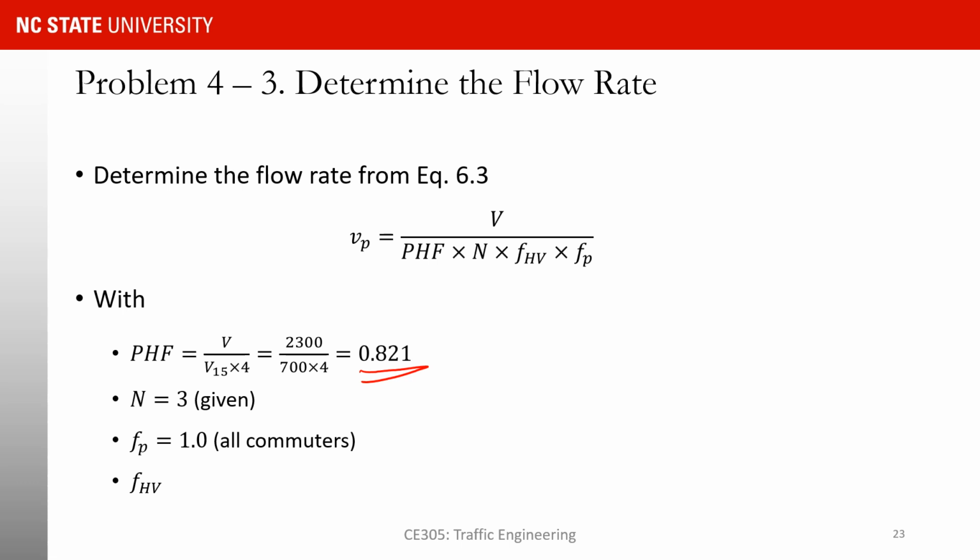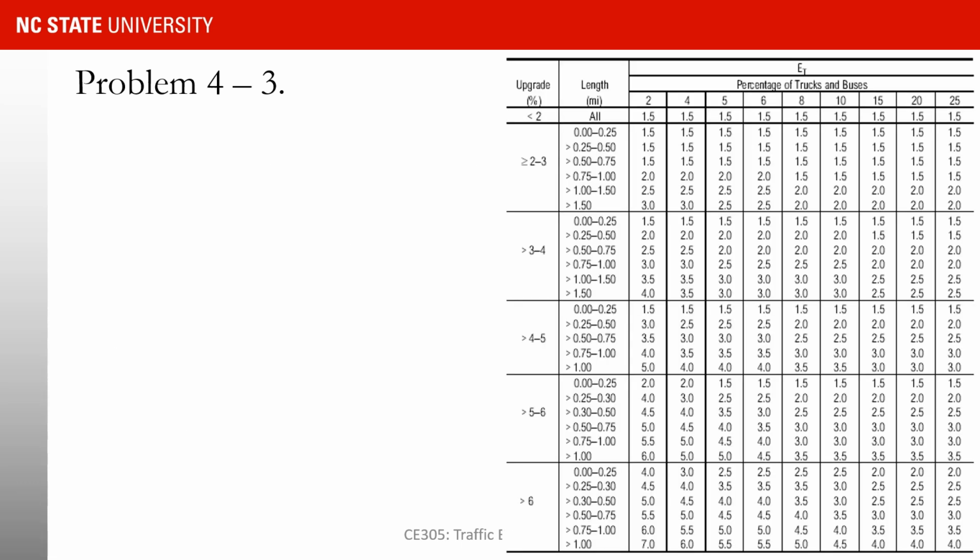What we need to do is to find F sub HV. So because this is a specific upgrade, we need to use this table. And there were a few things that were given to us. One was the slope and the other one was the length. So the slope was 6% upgrade. So we are going to be on this part of the curve because this part includes 6.